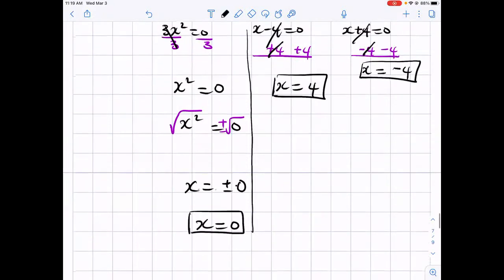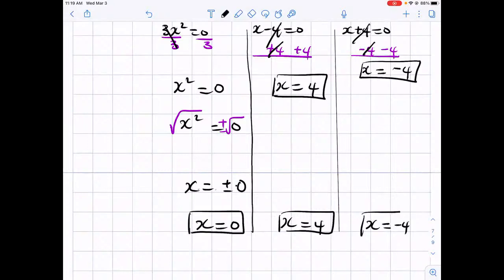Any one of these three answers will make that correct, any one of them.